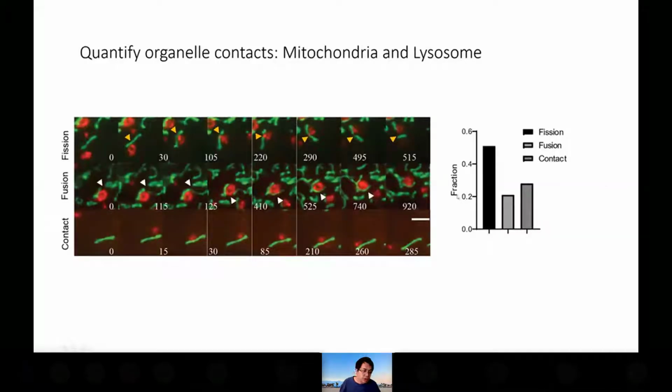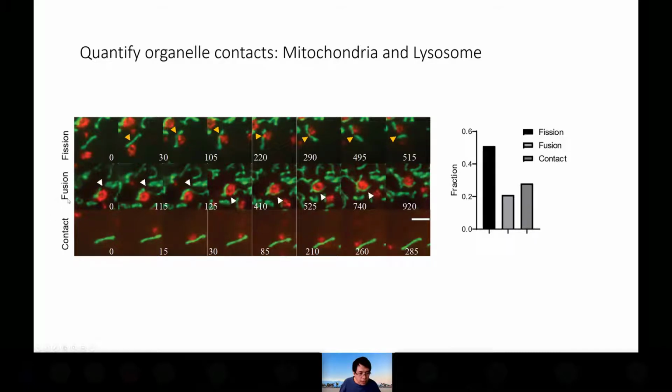We quantified these two organelle interactions as a function of time. We observed that, for example, in some cases the lysosome was helping mitochondrial fission. We can see that the lysosome helped to create breaks in the mitochondria, and the mitochondria was divided into multiple segments.